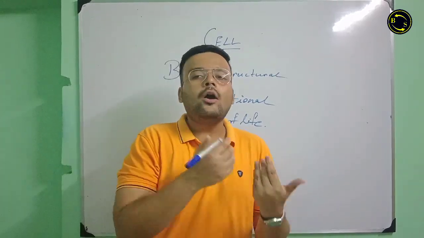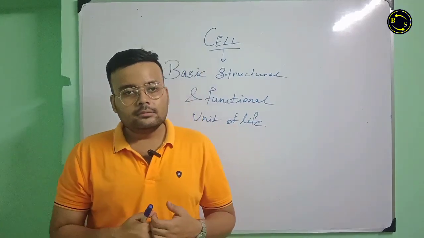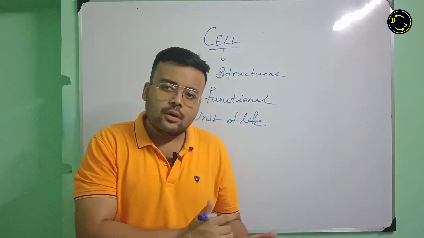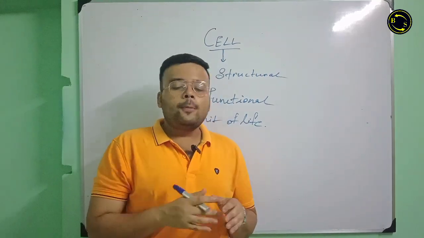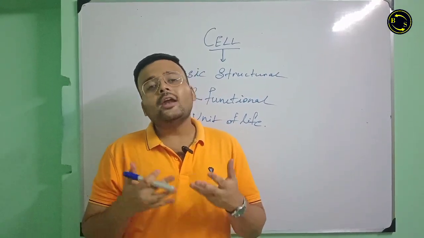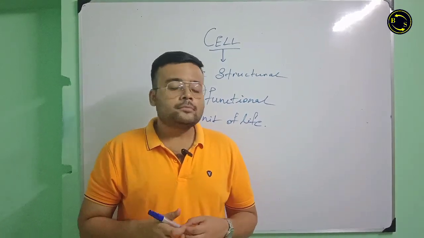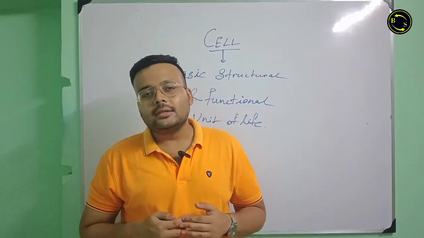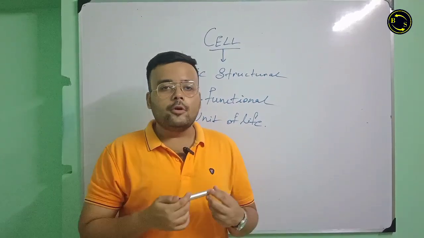We know living organisms execute the function of movement. A cell also moves with its special locomotory organs. We also know a living organism breathes, or it undergoes respiration. A cell also undergoes respiration. We know a living organism reproduces. A cell also reproduces.